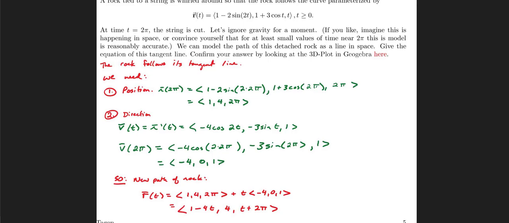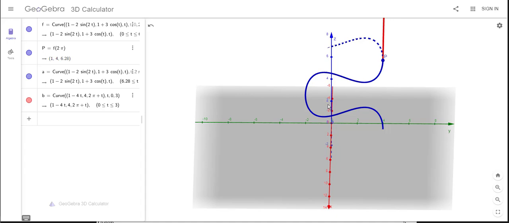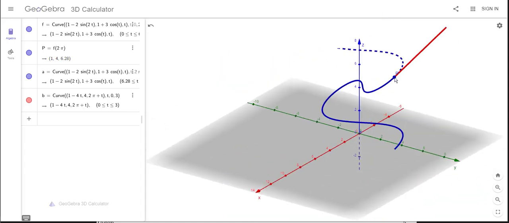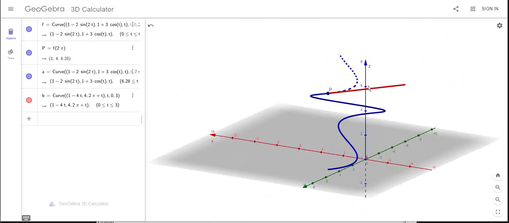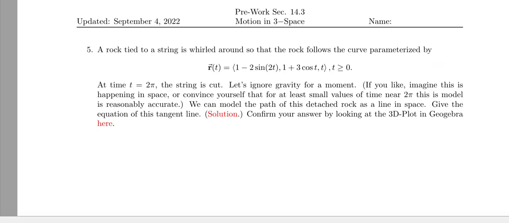So again, if we go look at the GeoGebra, here is our blue curve in space that's modeling the rock as it's whirled around, and then when we reach time 2 pi, the cord is cut. The rock begins moving in this direction, but the key observation to make is that that direction is tangent to the position curve. And so by computing the tangent vector to this curve, that gives us the direction vector of our tangent line. And so I don't want to do anything more than that.